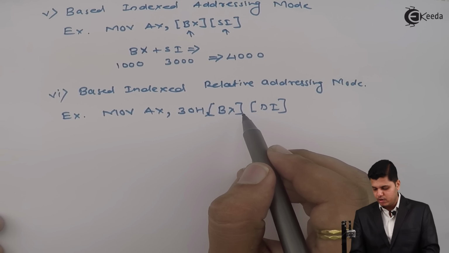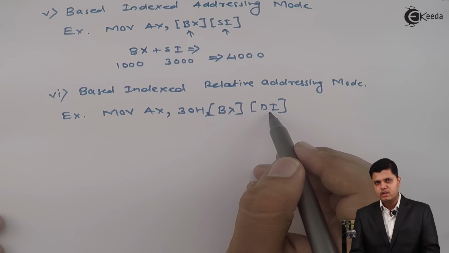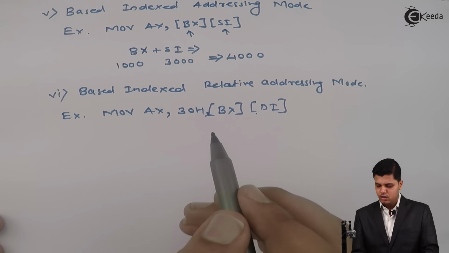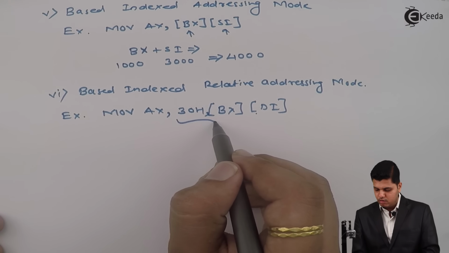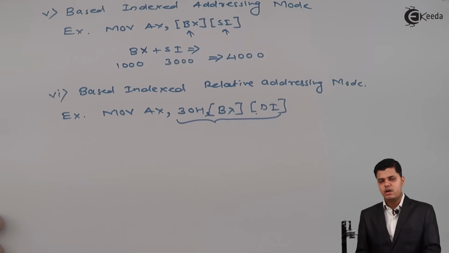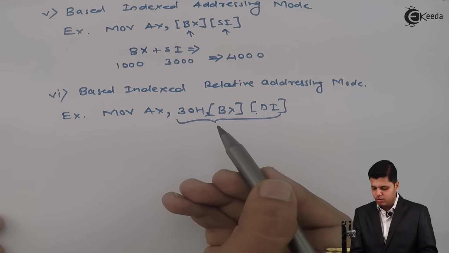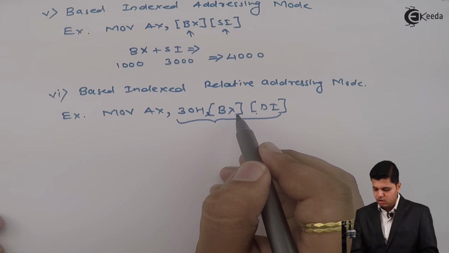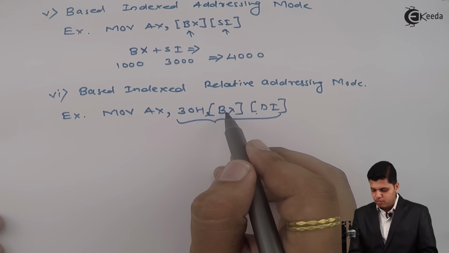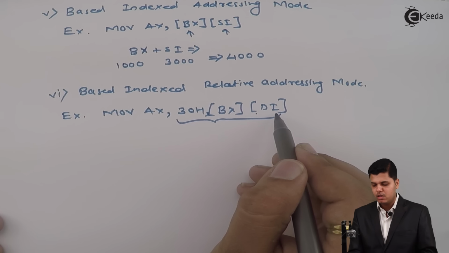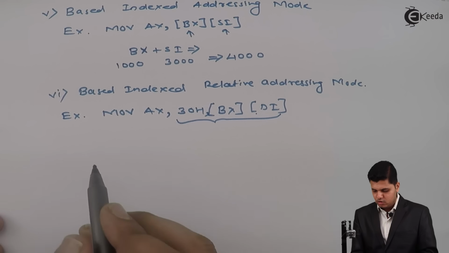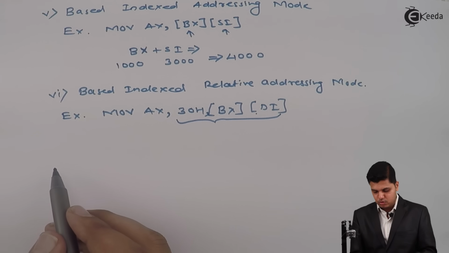So in this case I have taken the BX register and DI, the destination index, and added the 30 relative to that, and from all three values the new address of the memory is formed, from where the actual data will be fetched. So the contents of the memory found by adding the contents of BX plus DI plus 30 will be forwarded to the AX register. So this is the base indexed relative addressing mode.